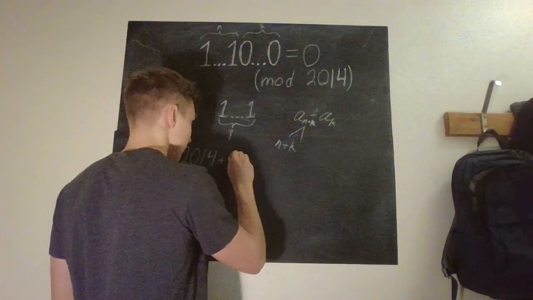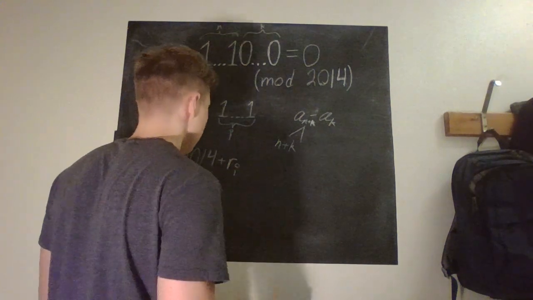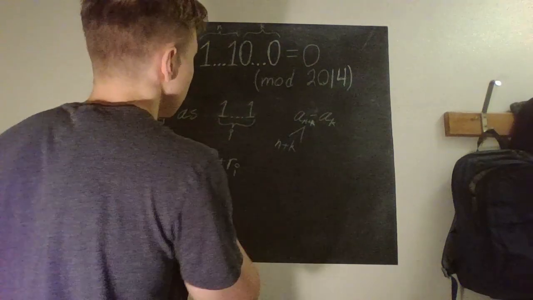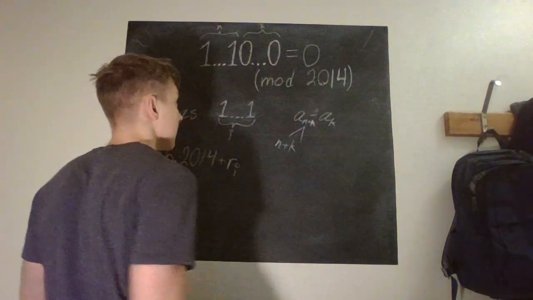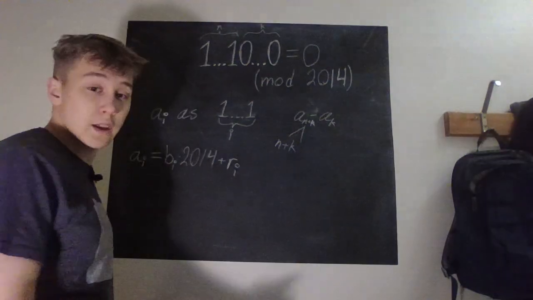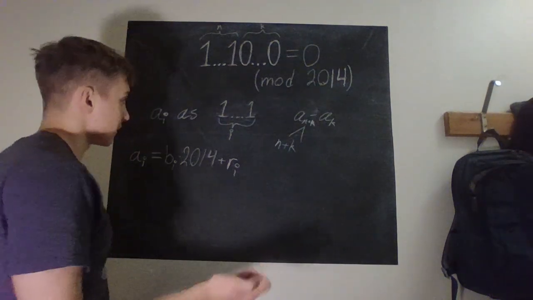Now it actually turns out that you can create infinite amounts of numbers on this form that are divisible by 2014, which kind of makes sense, because if you would find a solution, then you could just add a zero and it would still be divisible by 2014, right?